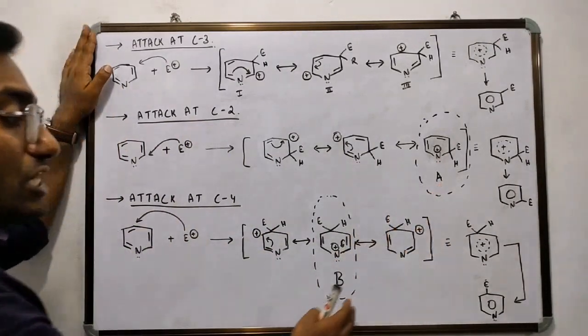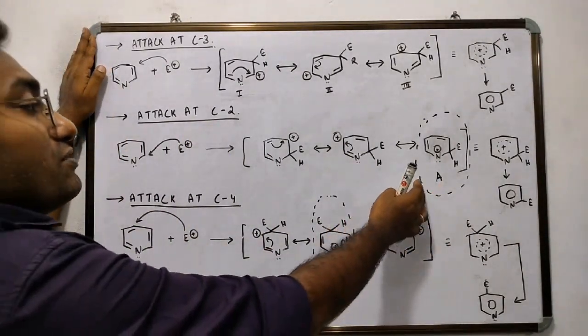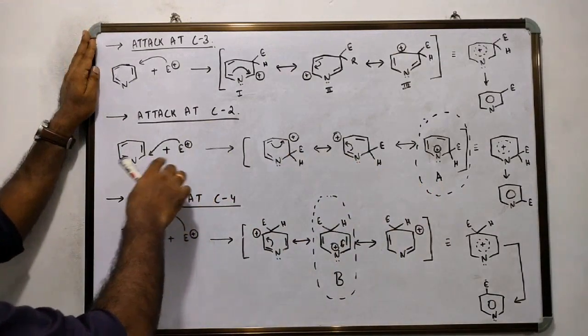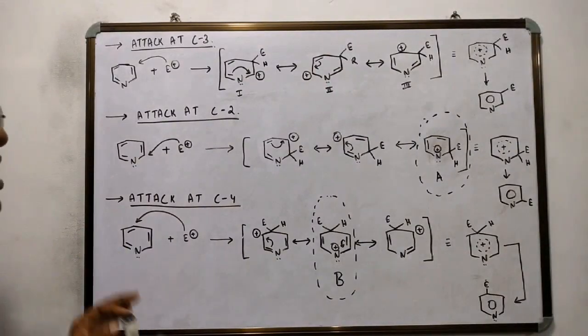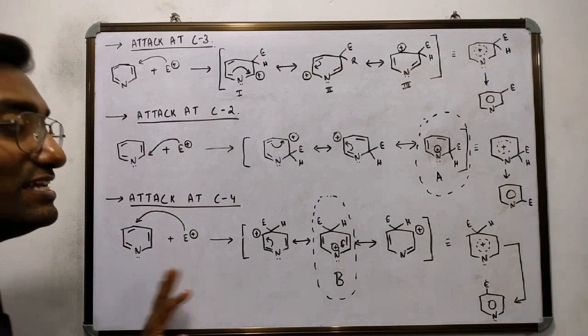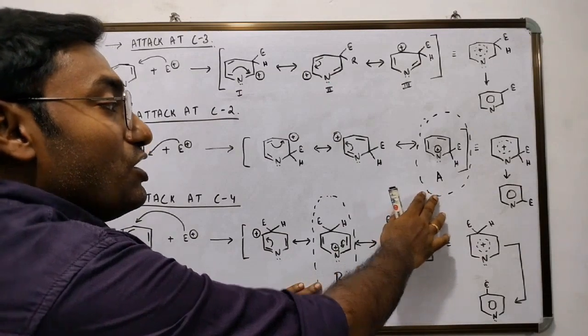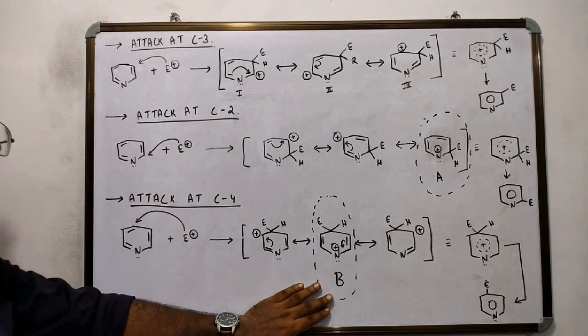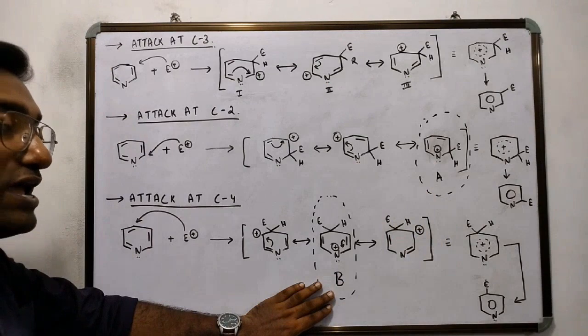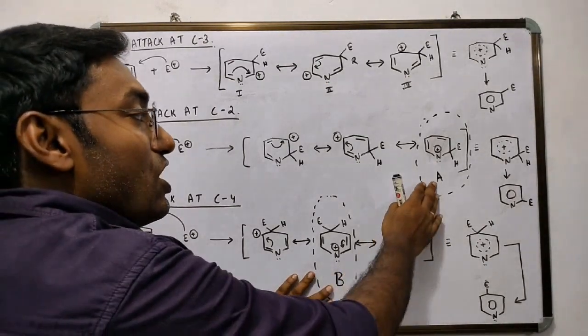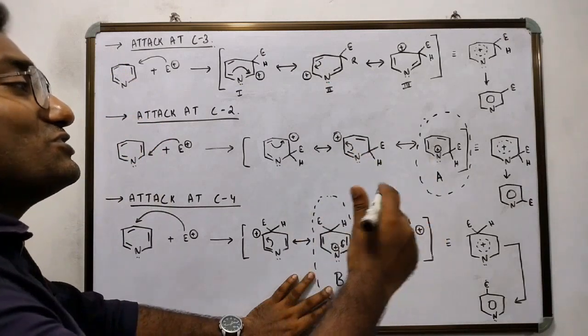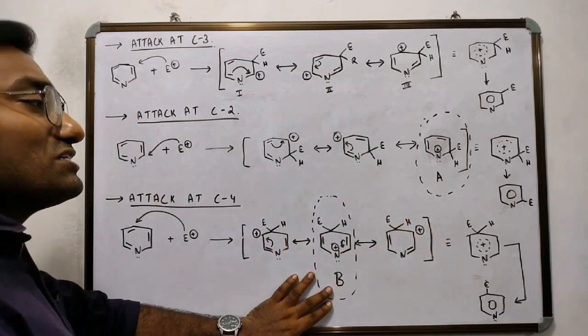Structure A and structure B, resulting from attack of an electrophile at the C2 and the C4 position respectively, are nonsensical structures. That means structure A and structure B would never even form in the very first place. Why? Because these structures are high energy structures, or very unstable structures.